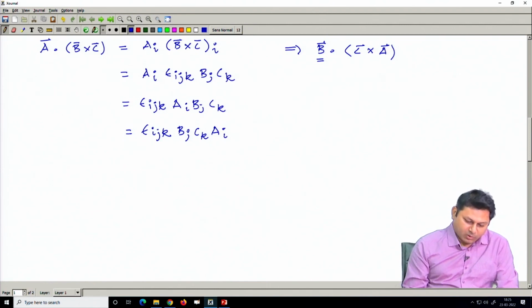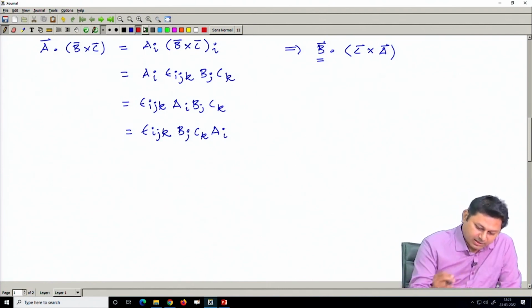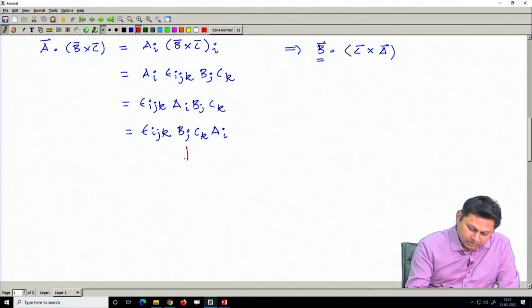The next thing is very important. According to our notation, if I have i and i here, then it is epsilon i j k with the j k. So, let us rename these indices: these things as i, these things as j, and these things as k.